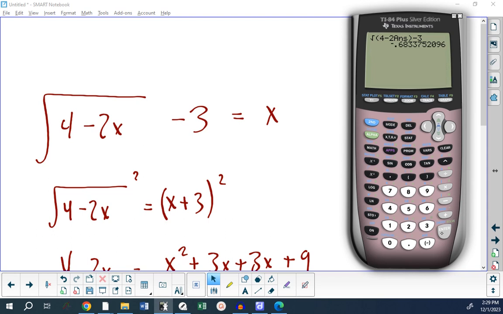What was the other one? It was negative 4. Did I just do plus root 11? I did. So negative 4 minus root 11. So this is the other one. Okay. Well, I'm going to take the square root of 4 minus 2 times that, close the brackets on the square root, subtract 3.